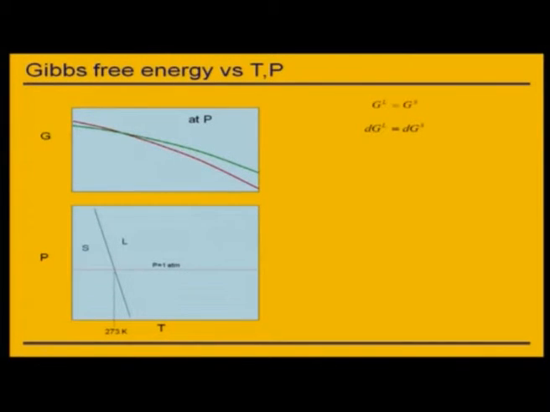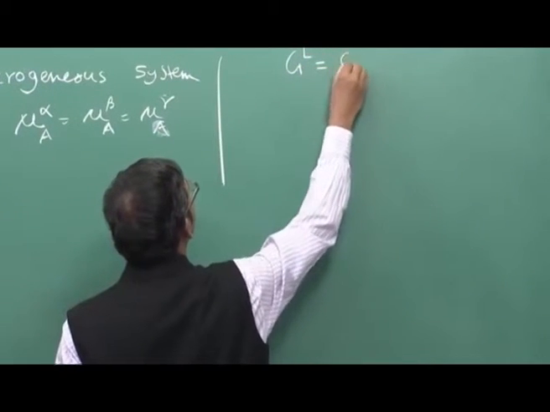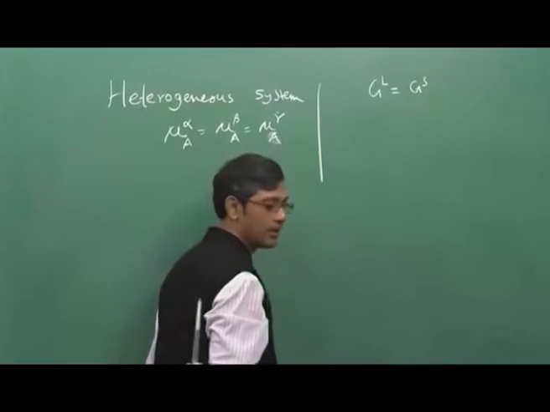So let us now do some calculations. I will do it on the board, which is easy for you to follow. Along this line we know that solid and liquid are in equilibrium, so the free energy of liquid will be equal to the free energy of solid along that line.